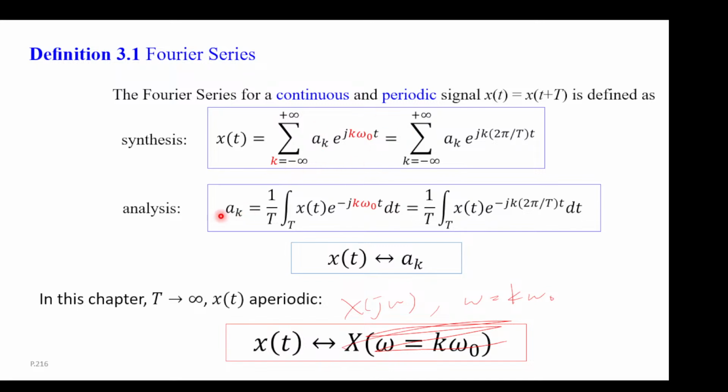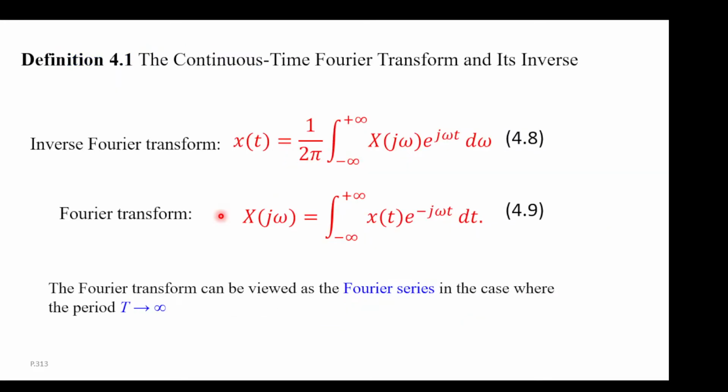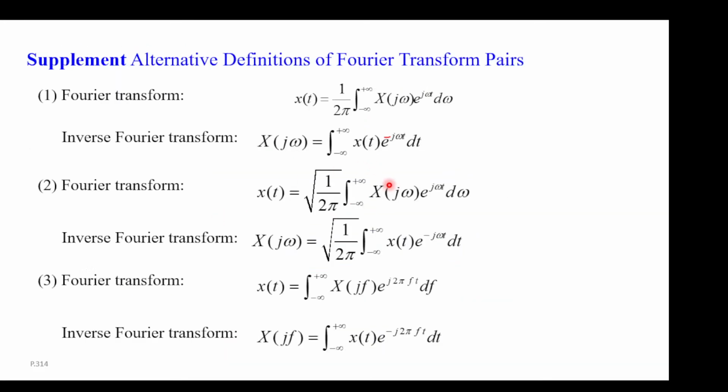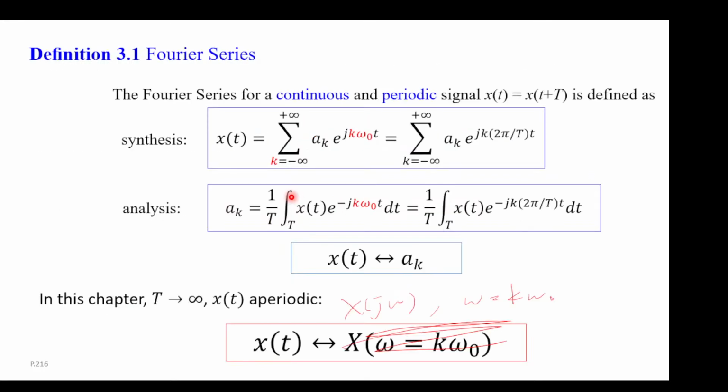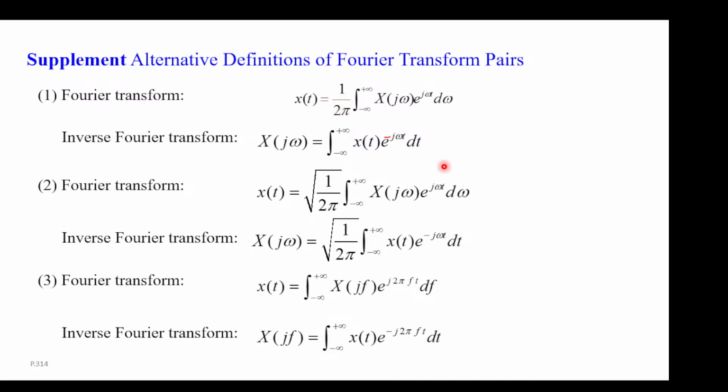One more thing, supplementary material, is different conventions. These are things that we don't use in our tests or homework, but you might see in other books. There are different conventions for the Fourier transform. Remember in our equation you have this weird asymmetry: we have 1 over 2 pi here and nothing here. It turns out you can push this 1 over 2 pi around. Some people push 1 over 2 pi here, and if you like more symmetry, you can put the square root of it at both equations.